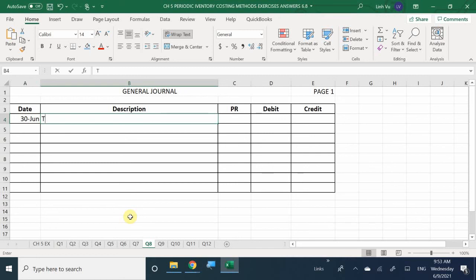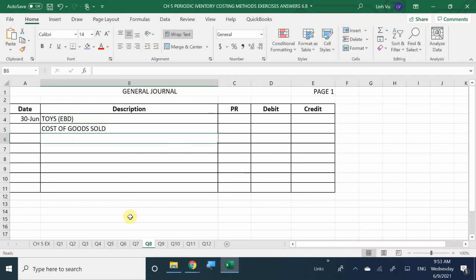Is it the toy inventory end? Yes, toys. All right, I'll let you guys do this. Ending inventory, good. What else are we going to recognize? Cost of goods sold.